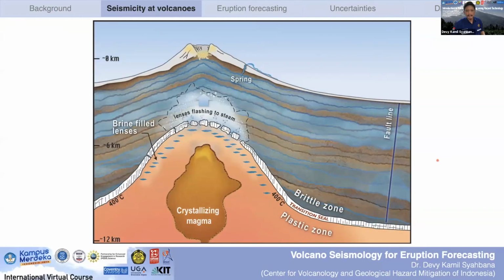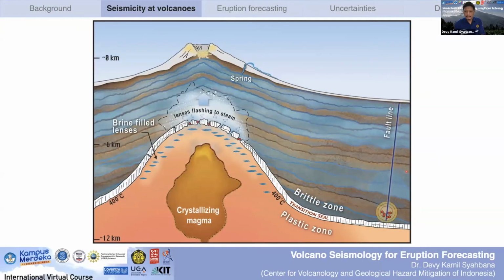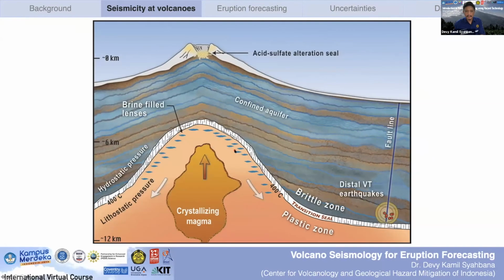When it was moving here, you can already have brittle failure around the volcano that creates the distal VT earthquakes at this stage. So you may see some earthquakes, not just beneath your volcano, but outside of the volcano.